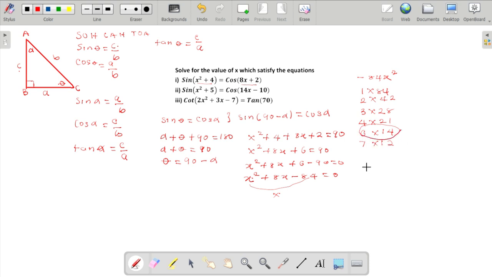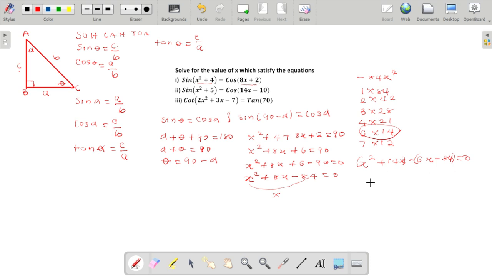So here this becomes x squared plus 14x minus 6x minus 84 equals 0. Here we put parentheses.